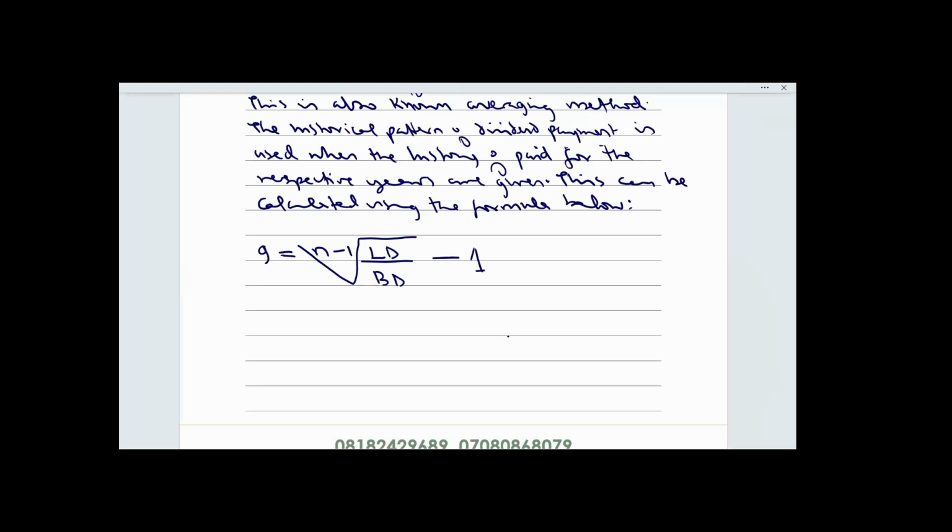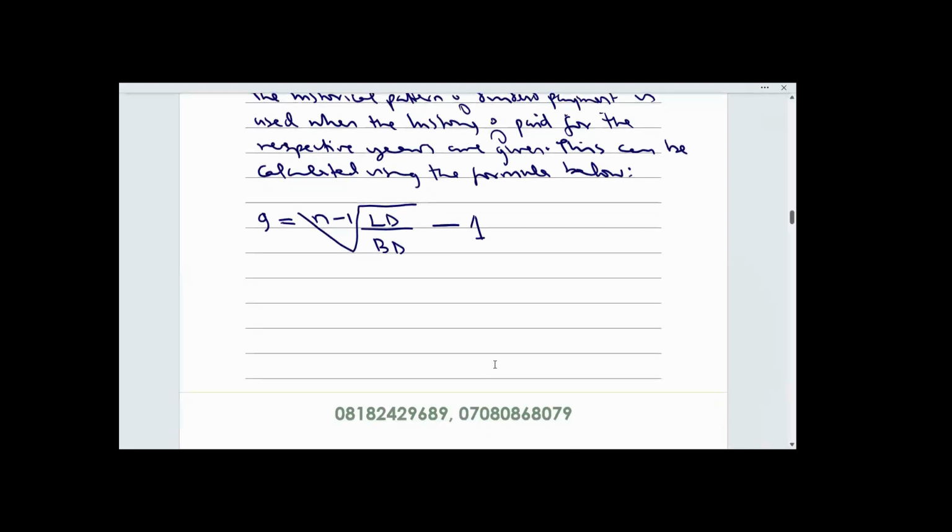Okay, so this is one formula. When do you use this formula to calculate growth rates? This formula will be used if the history of dividend payments across all relevant years is given. That is when you use this particular formula. You are given information, say for example, okay, let me put it this way.